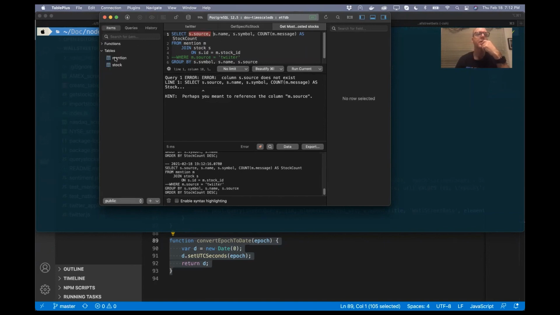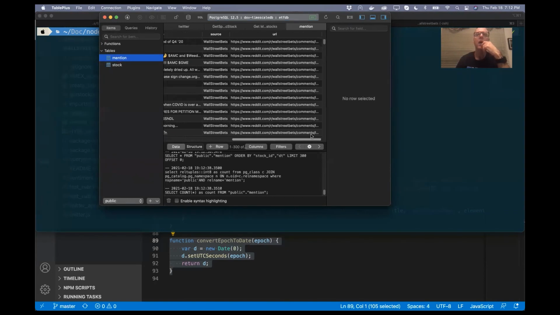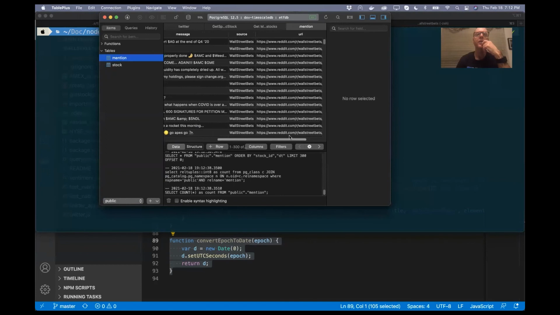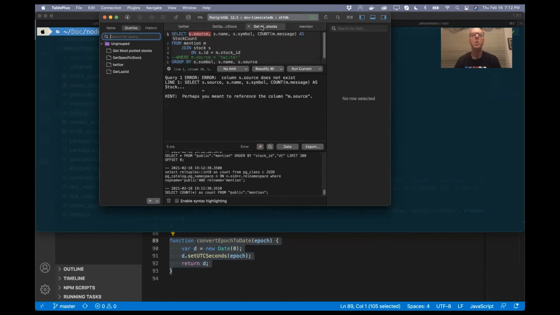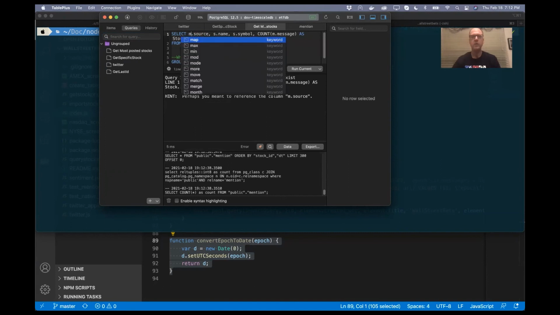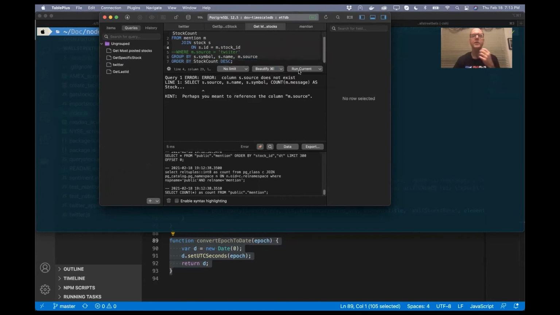I did have a column called source, but it's in the mention table. Not bad. All right, so we'll change that to mention and let's try to run that again, see what happens.